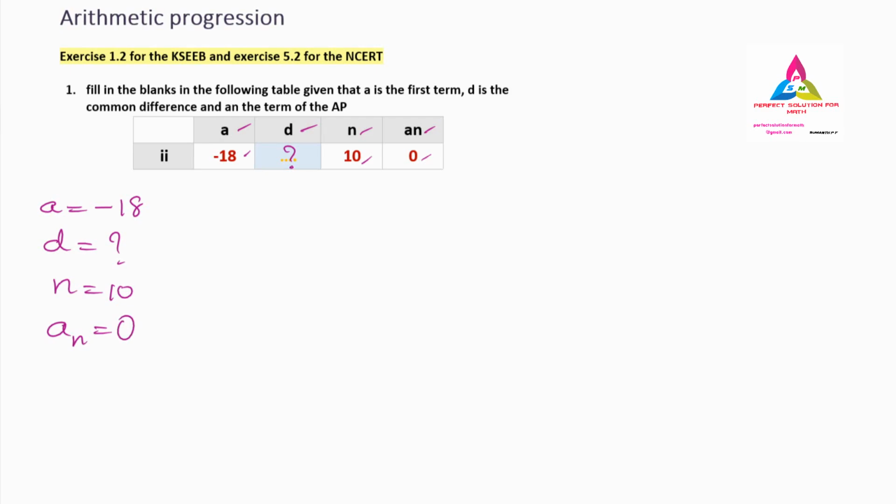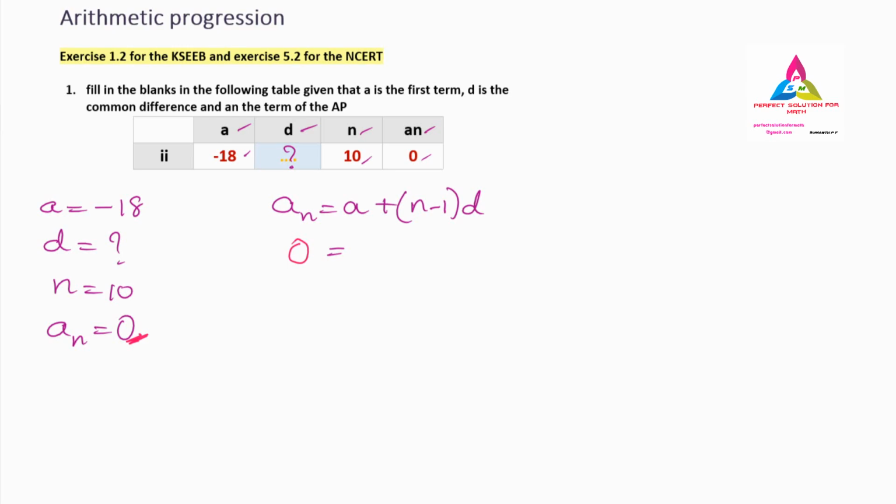Then we write the AN formula again: AN is equal to A plus N minus 1 into D. The nth term is already given as 0, so substitute that value in the AN position.